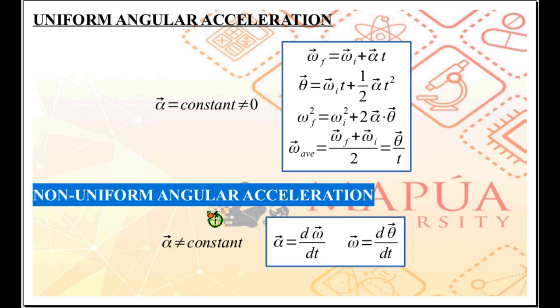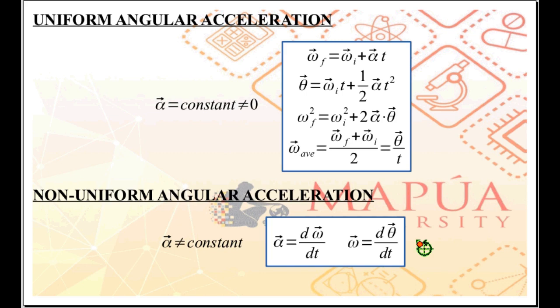For non-uniform angular acceleration, you have to go back to our basic definitions of angular acceleration and angular velocity. Alpha is equal to d omega over dt, and omega is equal to d theta over dt. And depending on the problem or situation, you might either have to differentiate or integrate.